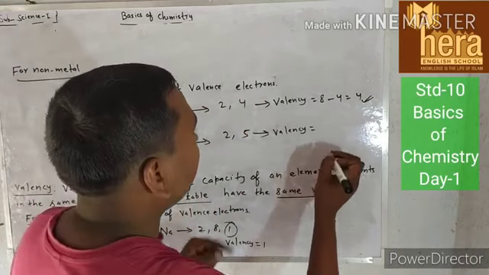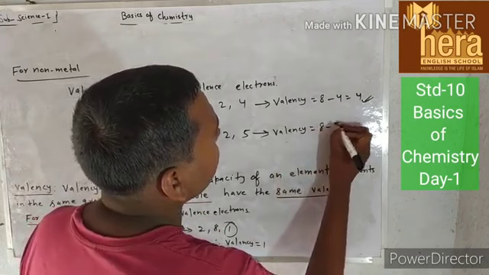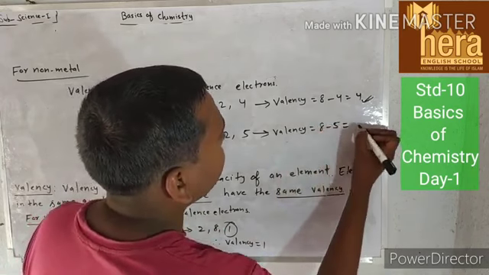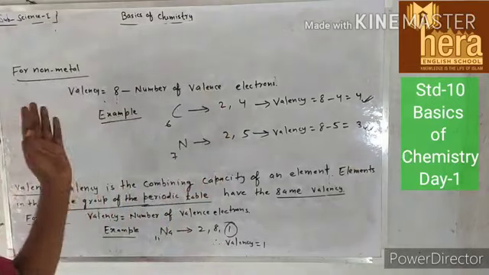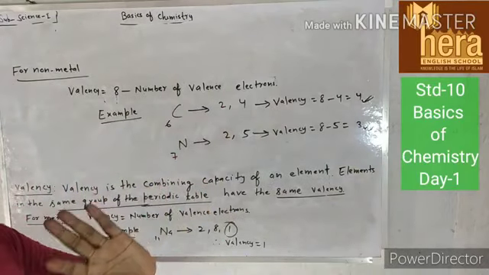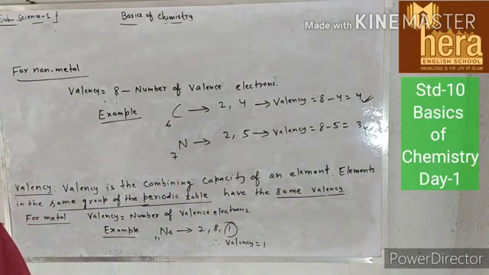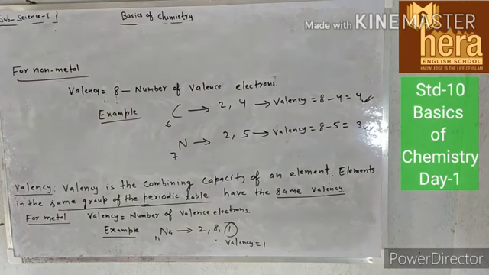So 8 minus 5 equals 3. The valency of nitrogen is 3. Understood? In the next lecture I will tell you how to write and read the names of compounds.